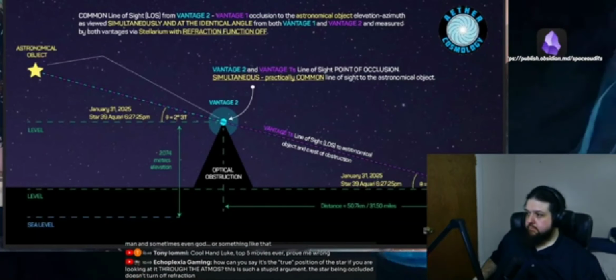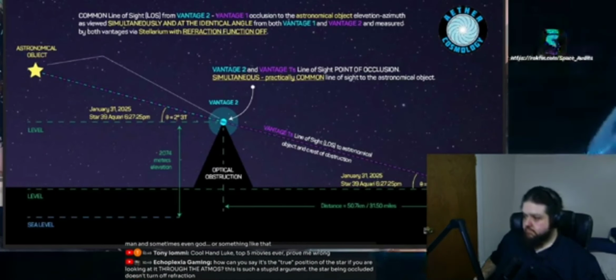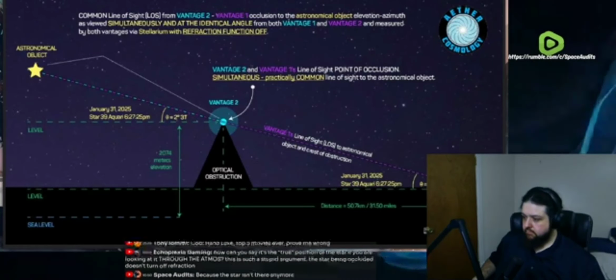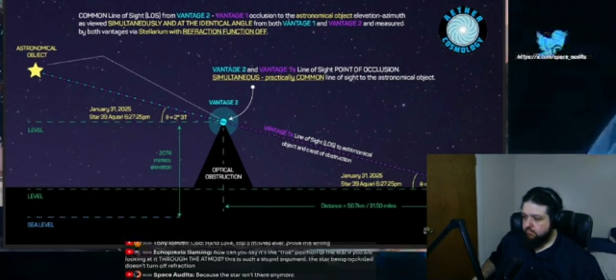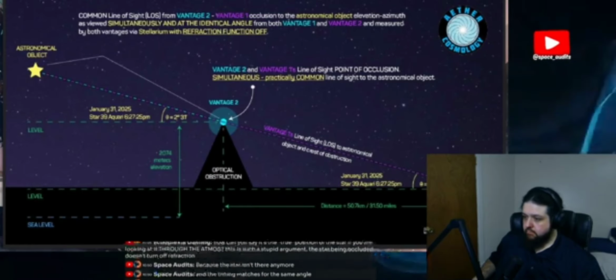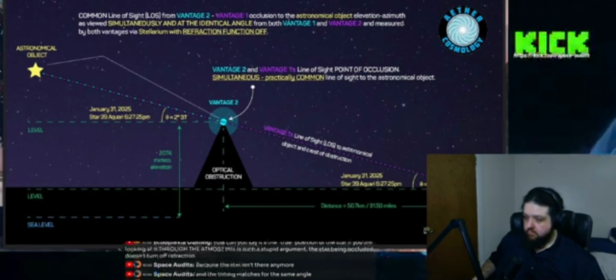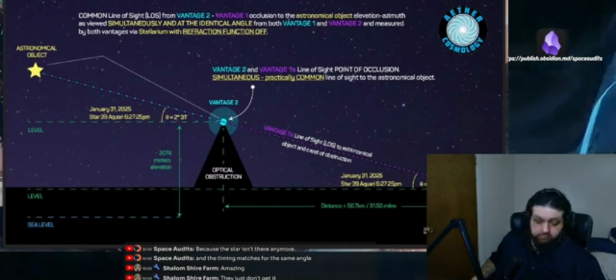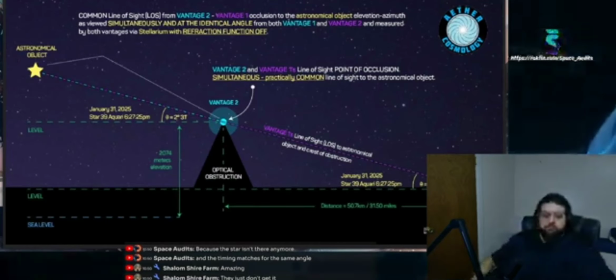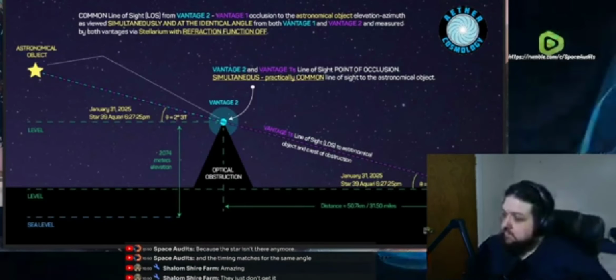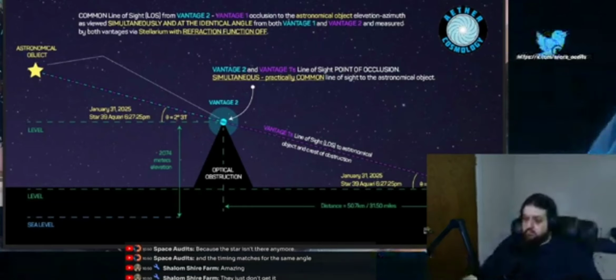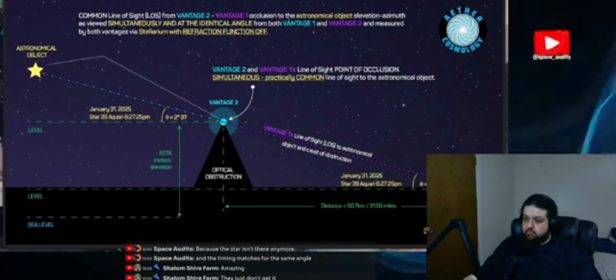It's still not going to block the star, because a mountainous mirage will not block the star. The star gets occluded by the physical peak, and then the whole thing, the peak and the star, get refracted because we're seeing both of them.